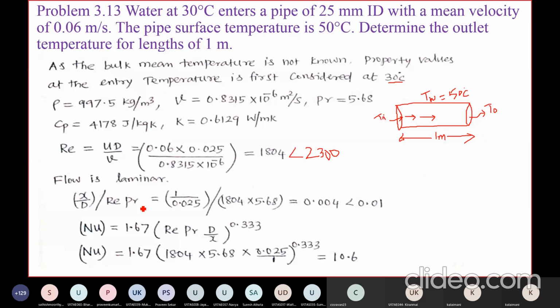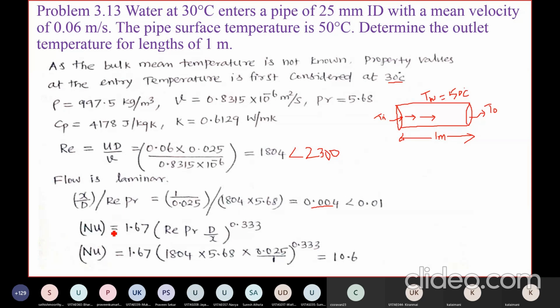Then we have to find x by d, Reynolds number, Prandtl number, whose value is 0.004, which is less than 0.0001.